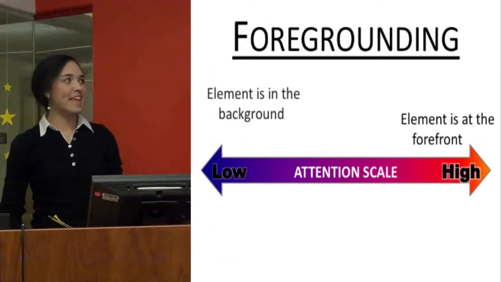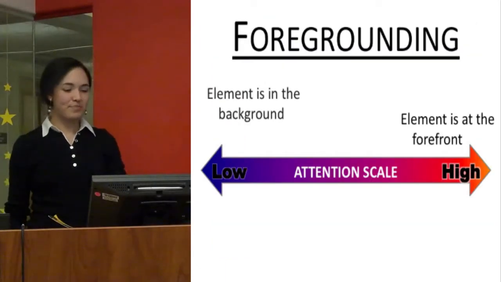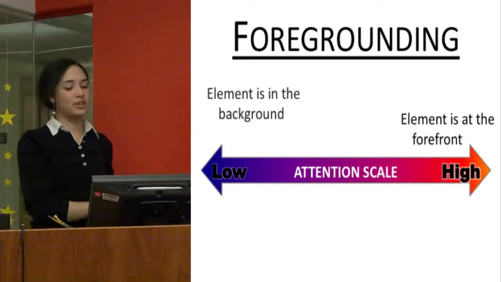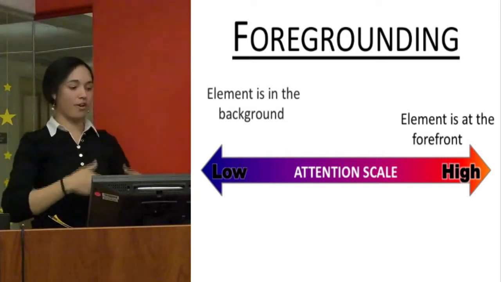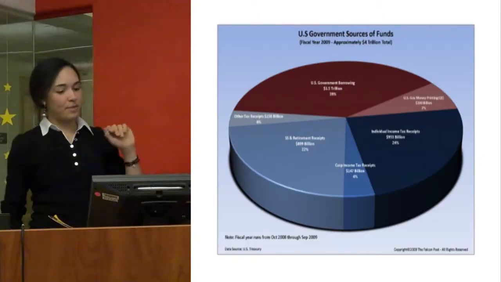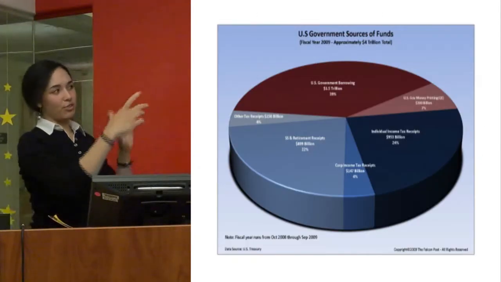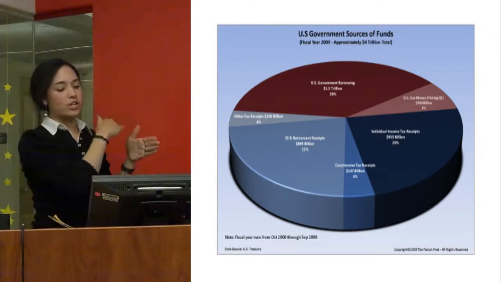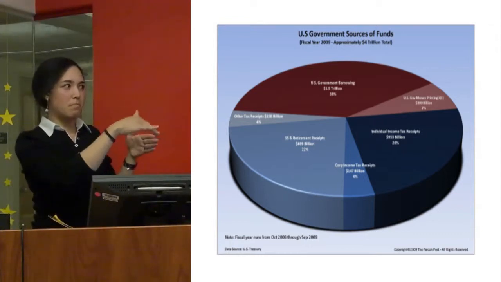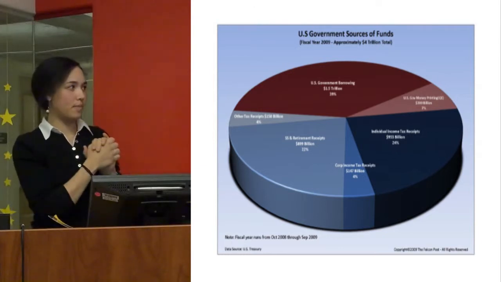Next we have foregrounding. If an element is in the background, it loses our attention more than an element that's in the foreground. So we can see from the pie chart that since we're in 3D, the portions closest to us pop out more and they seem more important, and we'll see this in a bit.